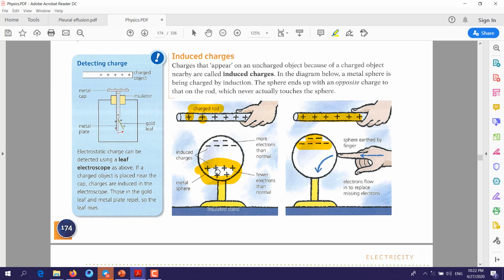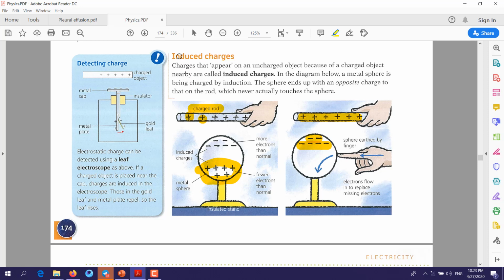But this charge is what? It's temporary. What does that mean? It will last for a short time. It will last while the charged object is close to the uncharged one.